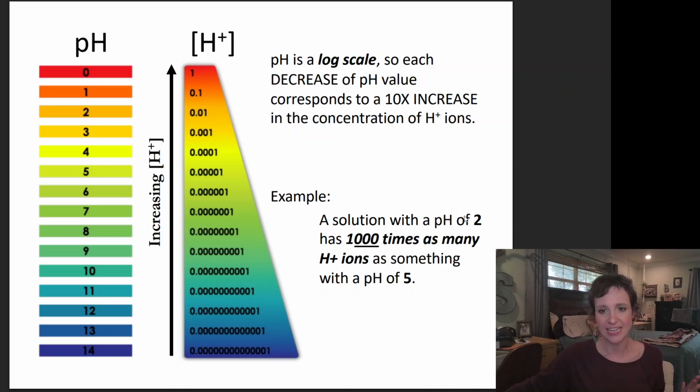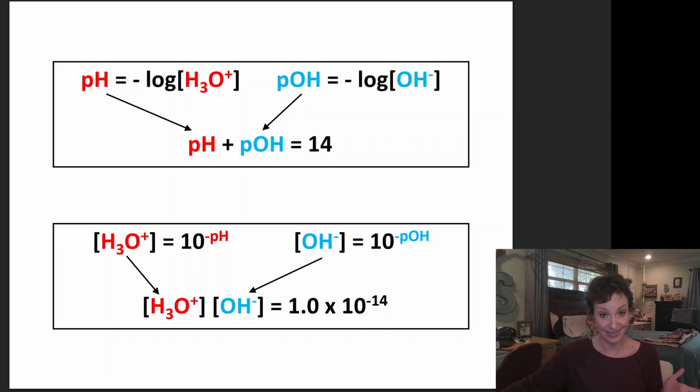For example, if I compare a solution of pH 2 to a solution of pH 5, they're 3 places apart on the pH scale, so I expect a difference of 1,000 times. The pH of 2, because it is a lower number, will have 1,000 times more hydrogen ions than the pH of 5. It's a little bit of a squirrely concept, but that's how the pH scale goes, because it's a log scale.